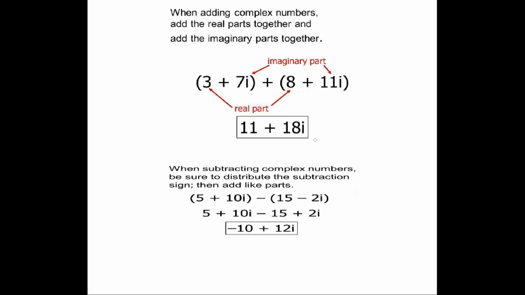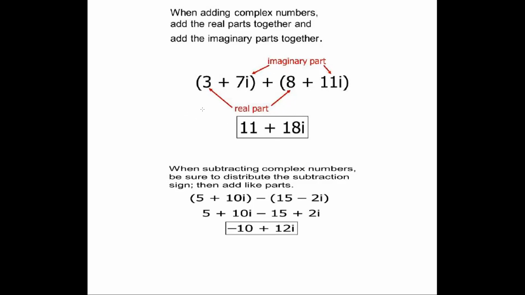For example, I have displayed here 3 plus 7i, which is a complex number, and 8 plus 11i, which is another complex number. So now this plus between these two complex numbers is the addition which we are going to perform in the complex plane. So how to add these two complex numbers?